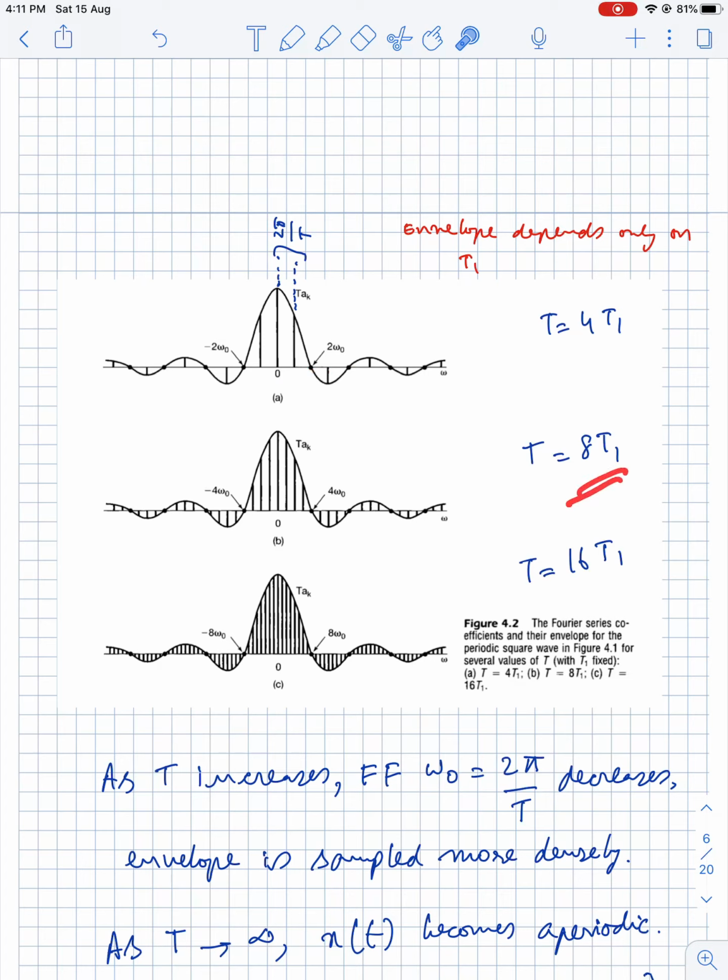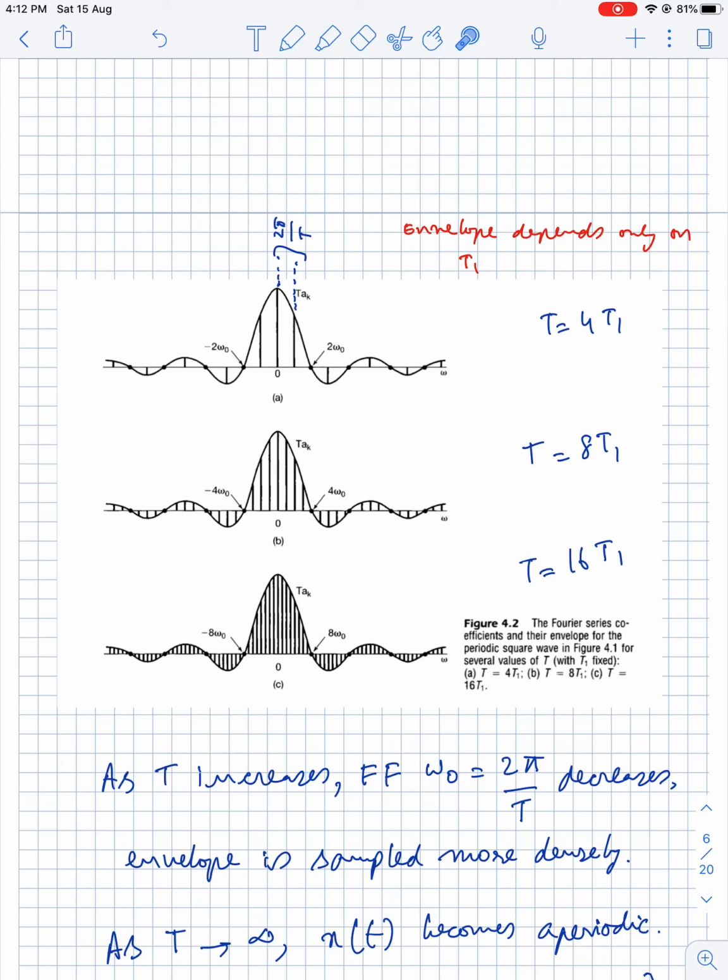Now when you have it for 8T1, the envelope is the same, except that now the sampling interval becomes half, becomes smaller. Similarly, when T is equal to 16T1, the gap between the samples becomes even smaller.